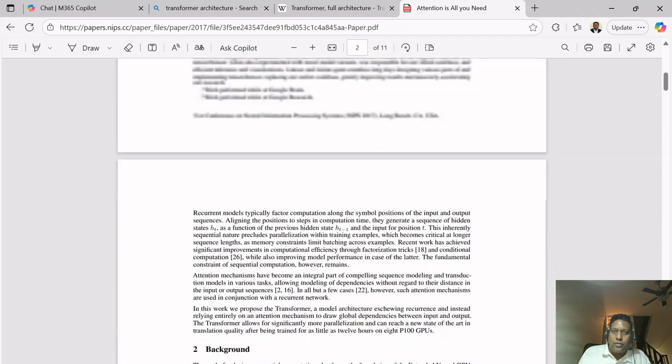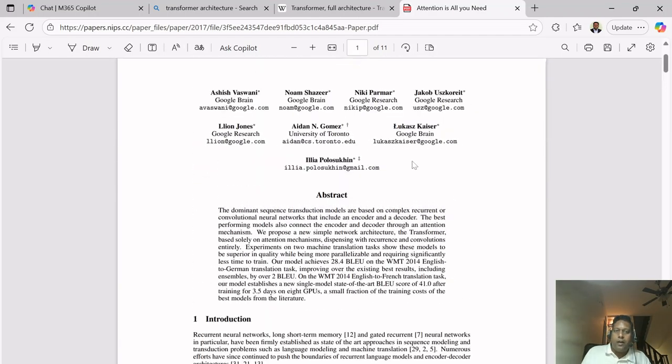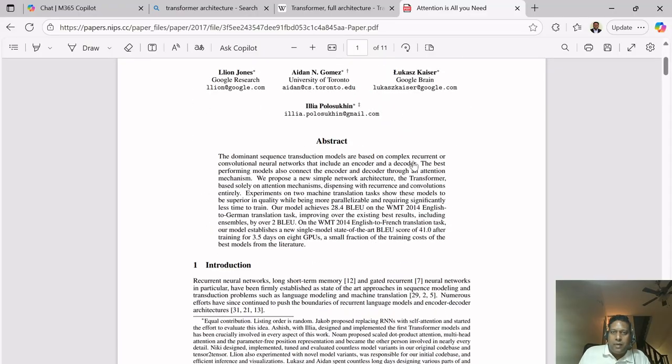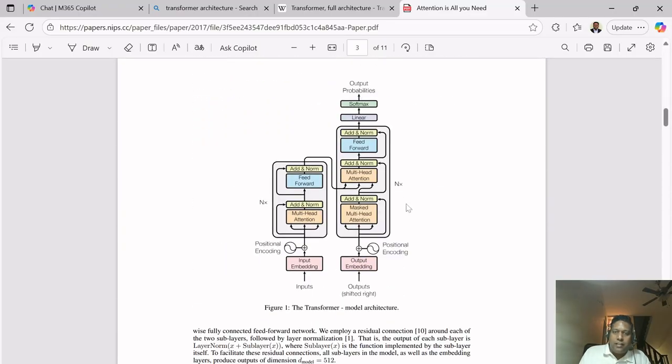And when it was first presented as this paper, where they discussed this architecture, in 2017, and then we see how it has evolved until November 2022, when ChatGPT came out really for the whole world to see.